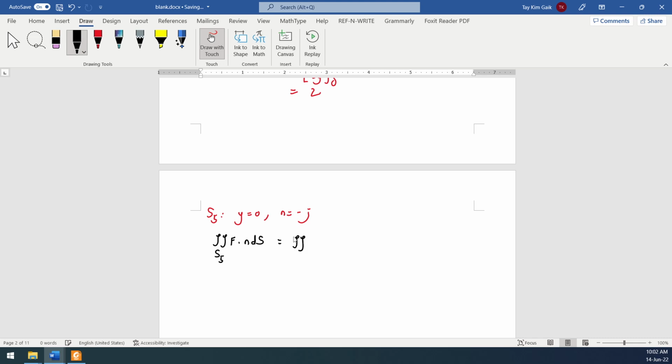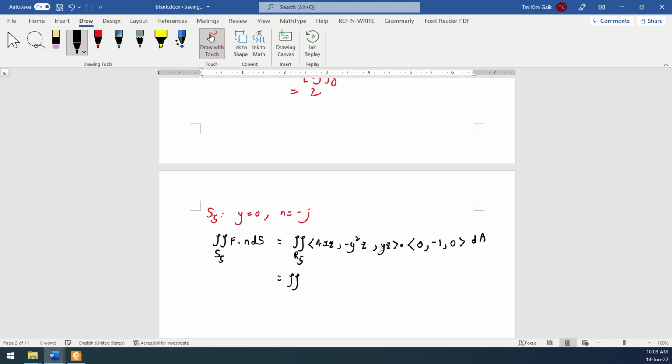so the F is 4xz i minus y squared z j plus yz k, dot with the unit normal vector now is 0, negative j, so 0 dA over region R5. So only the j component consists of values.